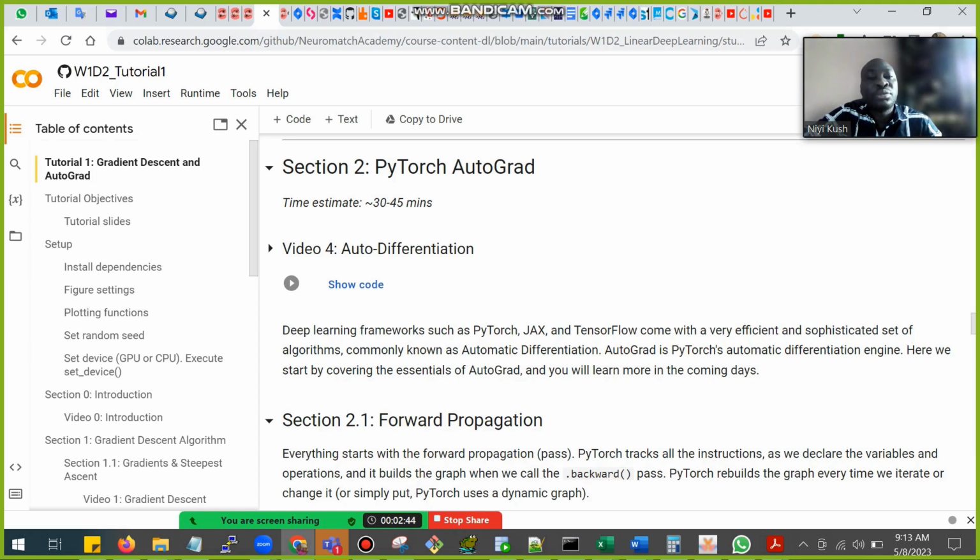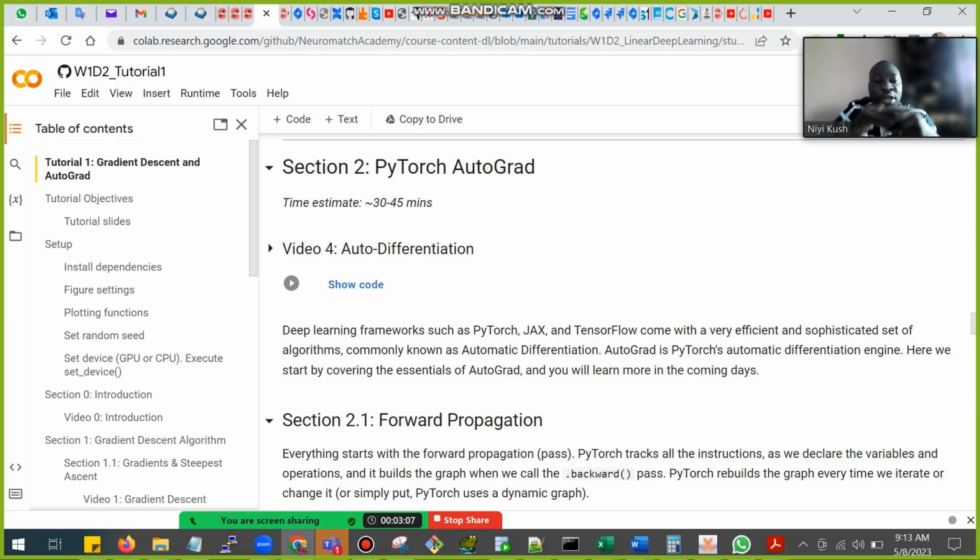And we need to understand that one of the major uses of Autograd is for optimization. ML, that is machine learning and deep learning algorithms, can be very complex and cumbersome. Complex in the sense that they can have multiple levels of nesting.